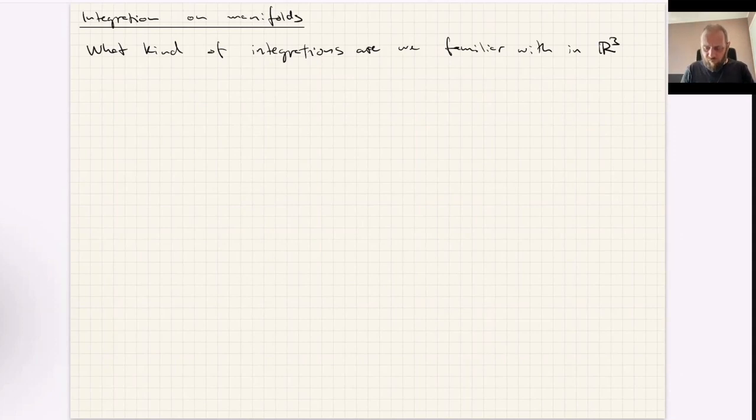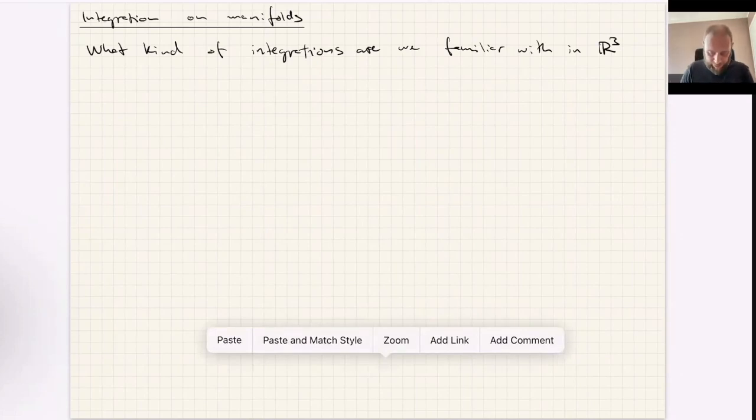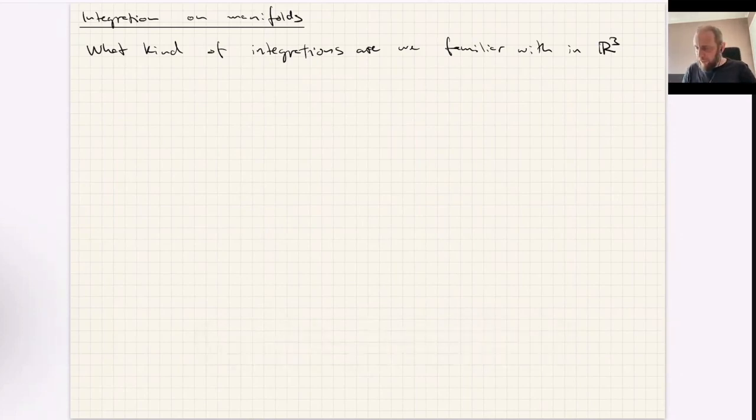You have come across a lot of different integrals in physics. Some of them are integrals over volume. So we have volume integration.